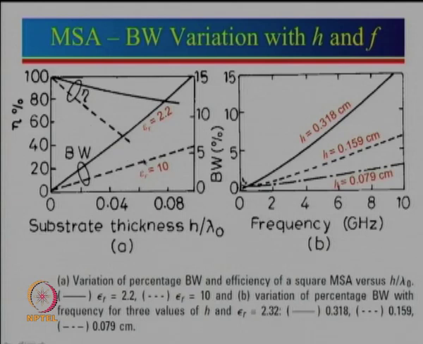Now let us say, for example, we want to design an antenna for 5% bandwidth. If we draw the horizontal line somewhere here, that means for epsilon r 10 I should take 0.09 lambda as the substrate thickness h.